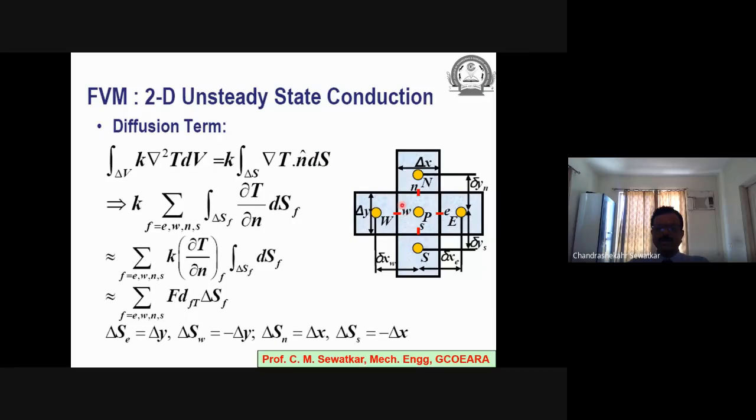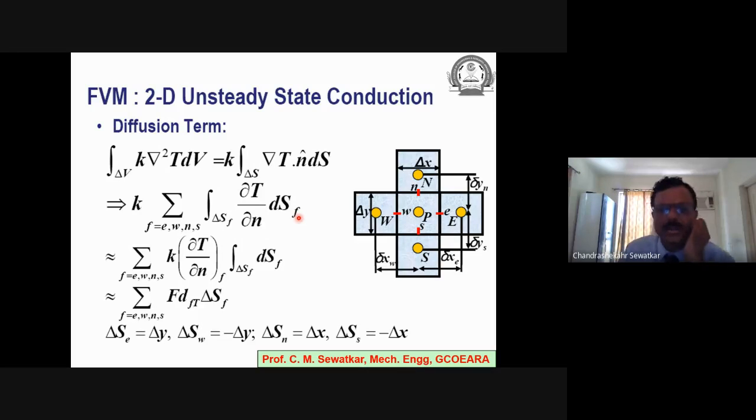For the west face also I can write similarly, K into integral over delta SW of grad T for west face into dSW. For north and south faces similarly, and then we can sum it up for all the faces. So I get the equation K into summation over the faces east, west, north, south of integral over delta SF of del T by del n at the corresponding face into dSF.